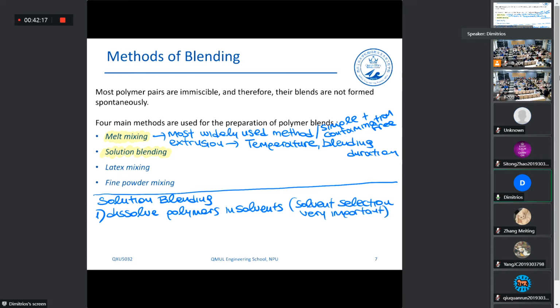Secondly, after we dissolve the polymers in solvents, we mix them together in one vessel and then we stir the solution mixture in order to create a homogeneous solution, okay?